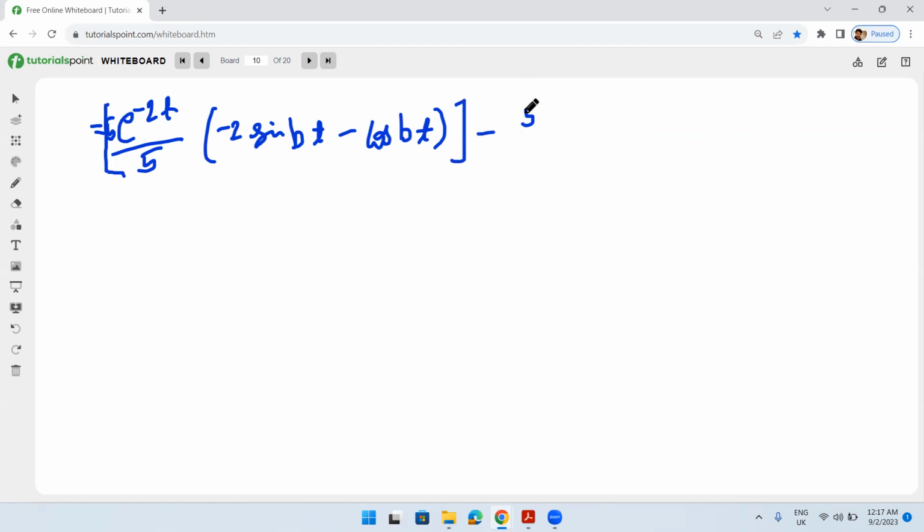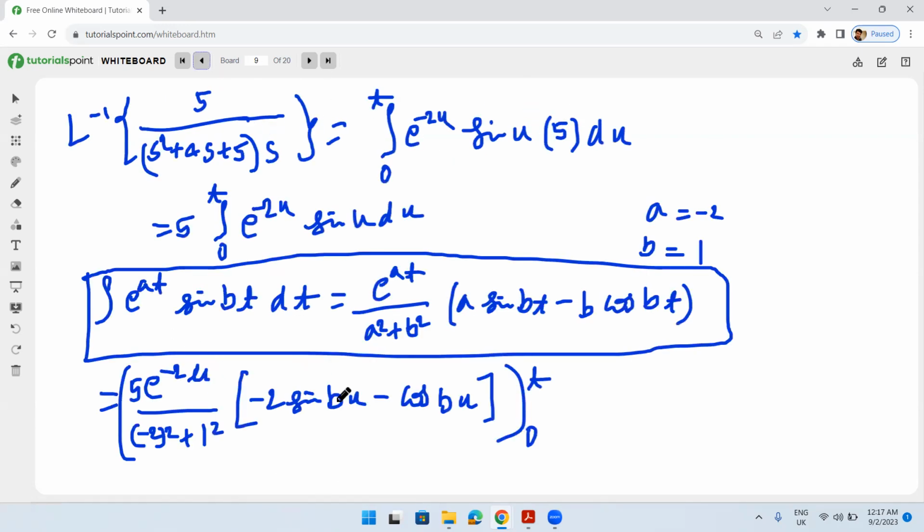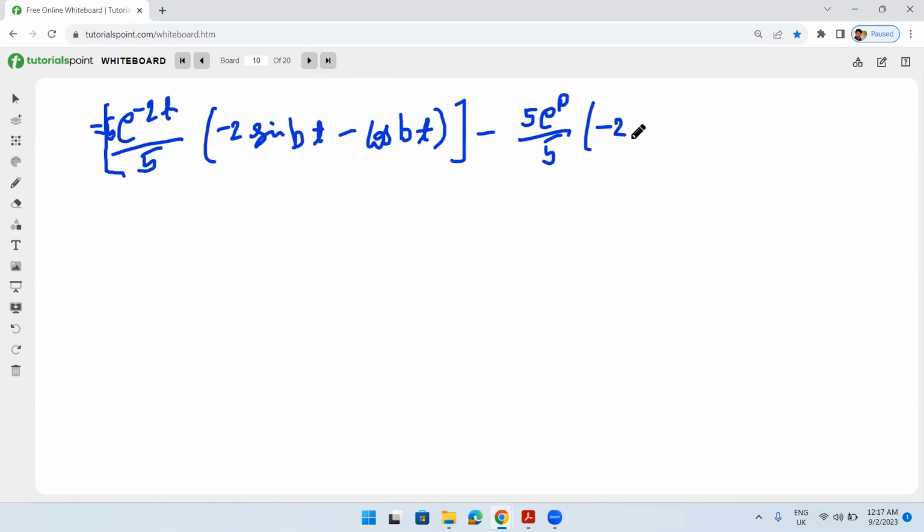Minus lower limit. Again 5 into e power 0 by 5. Isn't it? In the place of u, put 0. Sine 0, cos 0. Minus 2 sine 0 minus cos 0. This is lower limit. Okay. Here 5 gets cancelled. Here also 5 gets cancelled.